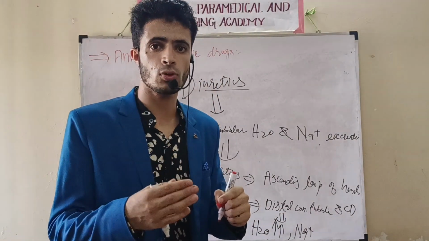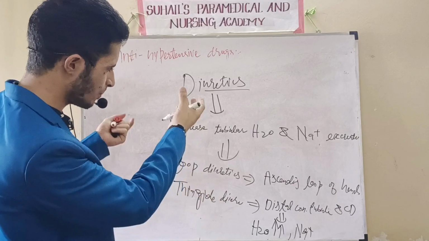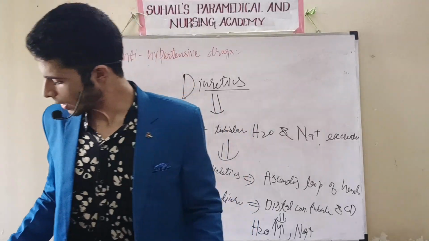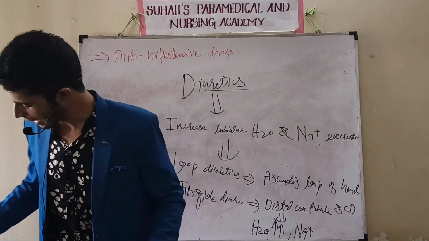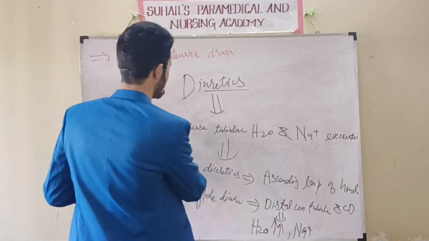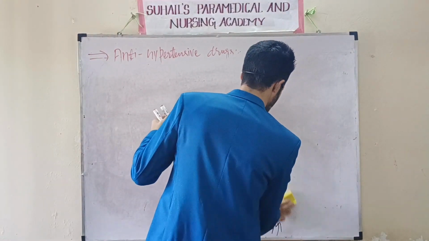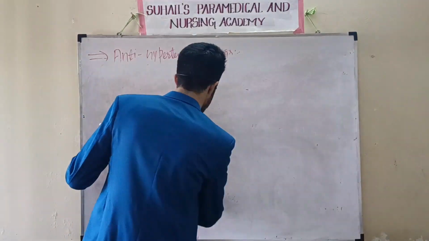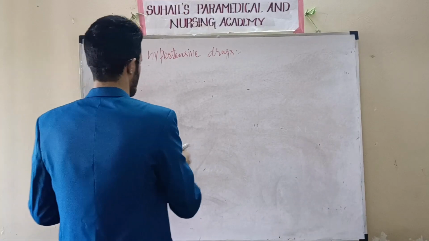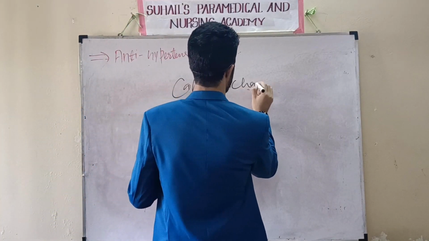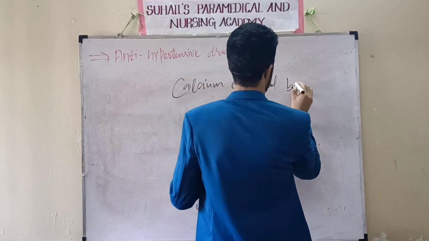If they ask about diuretics, you can make this in a graph-like structure and put it as a mechanism. Okay. Then another, suppose, I will tell about the calcium channel blockers. The third is calcium channel blockers.